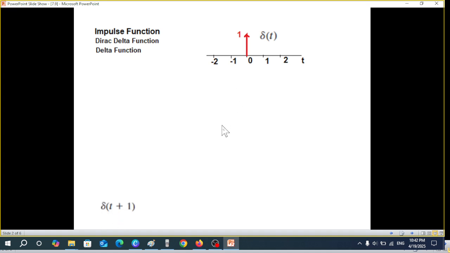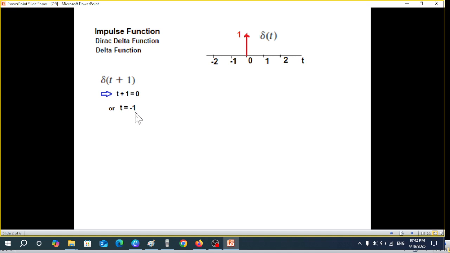Now, if we shift the function, like here it is delta(t+1), what does that mean? To find out, we put t+1 equals 0, and that means t equals -1.